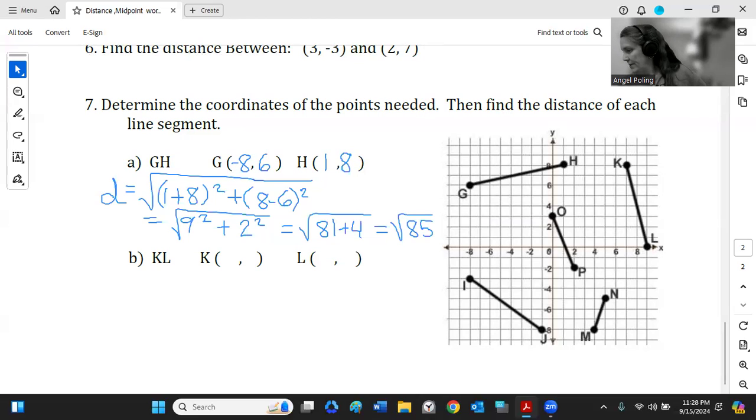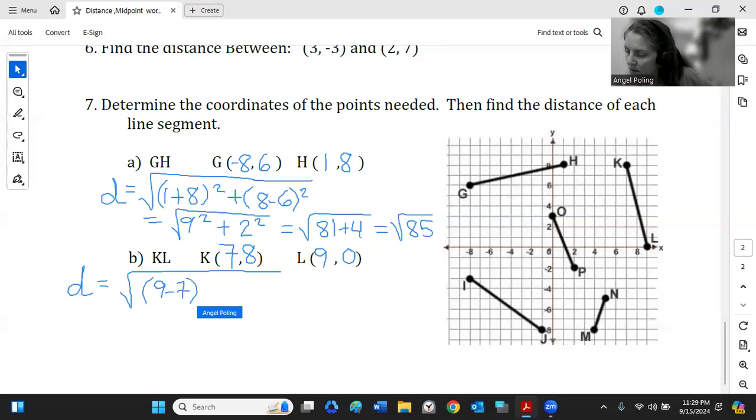K is at 7, 8. L is at 9, 0. And the distance formula is the difference in x's squared plus the difference in y squared.